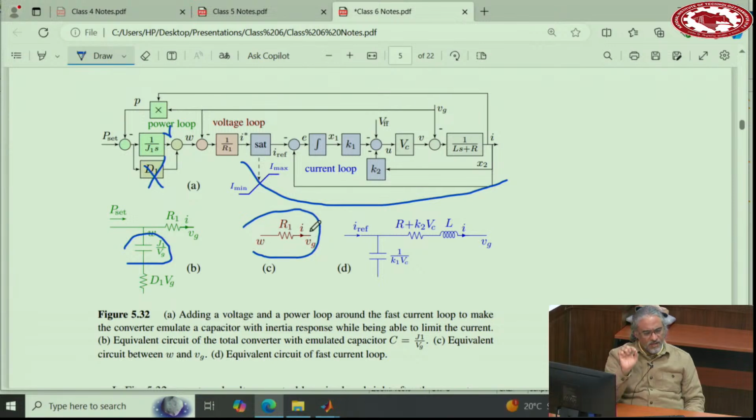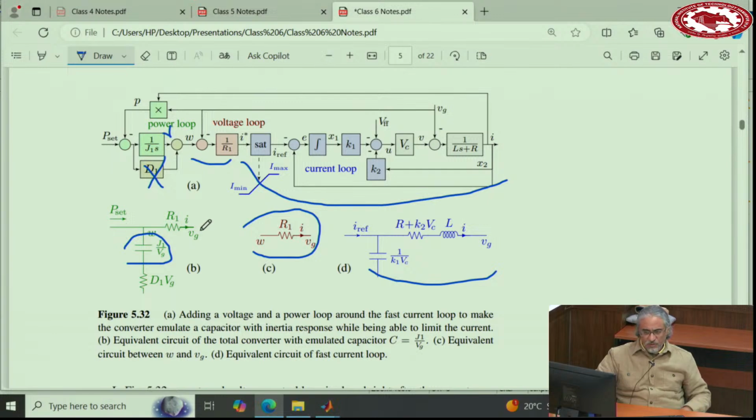In other words, we have an internal variable W now that stands between the grid voltage and a resistor there. It's just like the internal voltage of the synchronous machine. And then this part, we already talked about that. So we added one capacitor outside the loop, and established the relationship between the voltage of this capacitor and the grid voltage through this block.